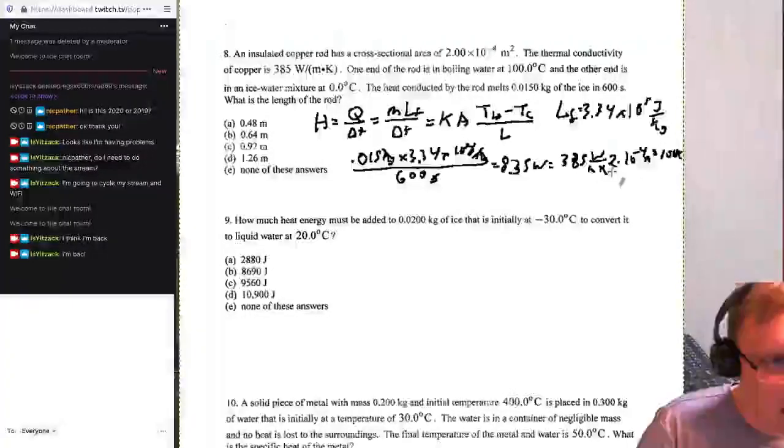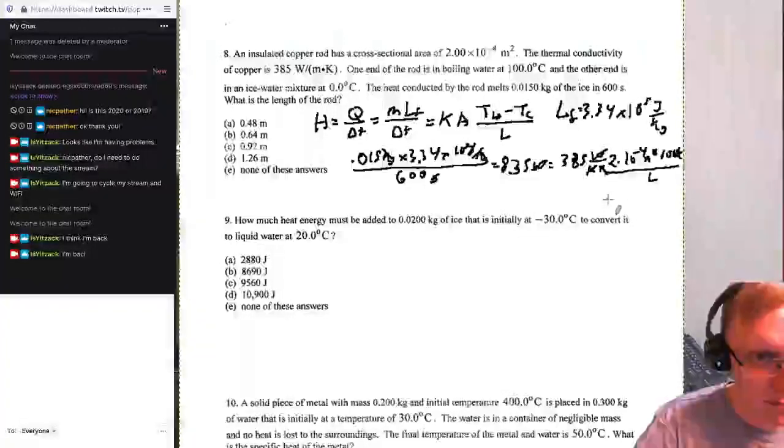I think I got everything there except the L. So Kelvin cancels Kelvin. Watts cancels watts. Meter squared divided by meters is a simple meter. Meter over meter works out correctly.